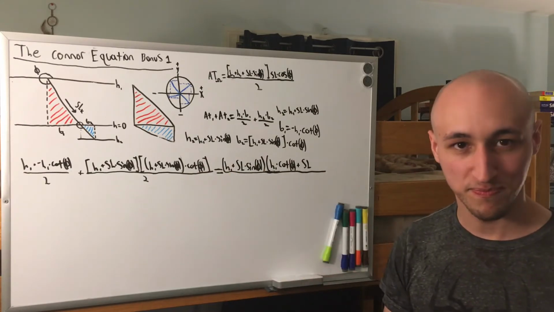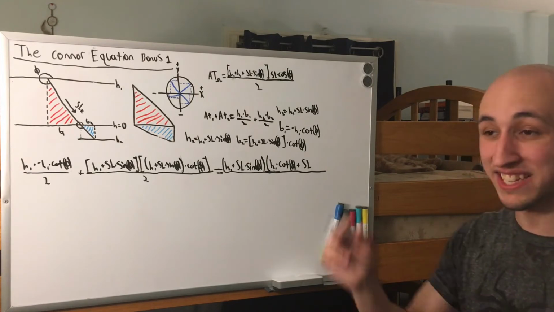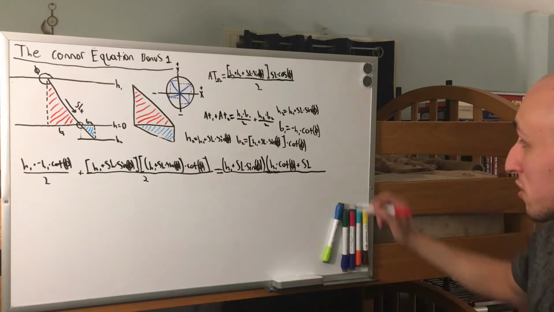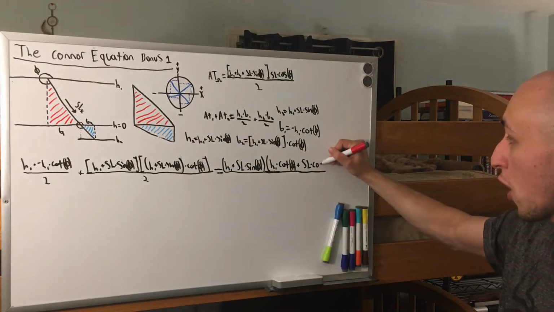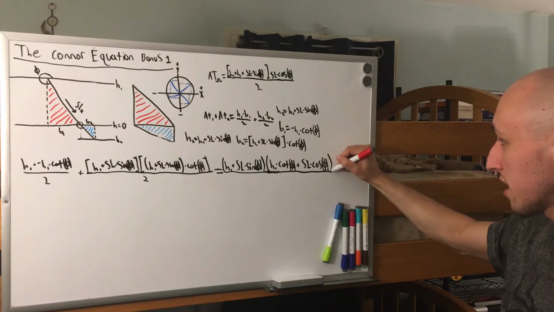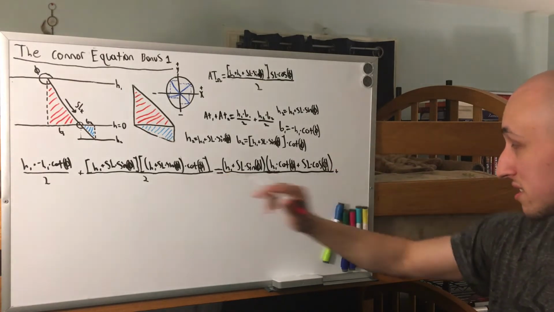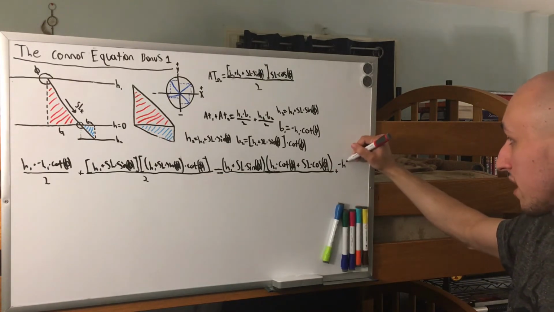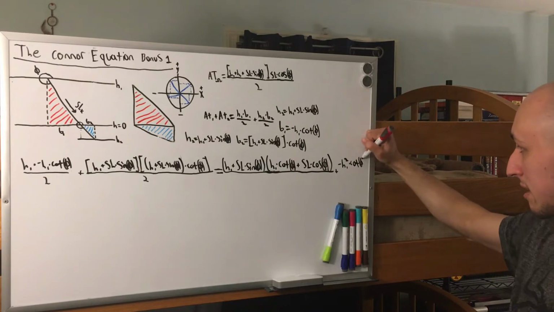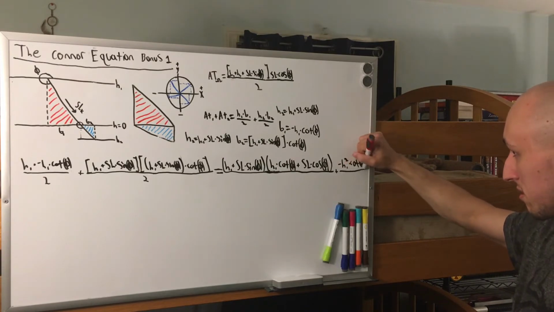What do they equal? Well, cotangent is the same thing as cosine over sine. So in fact, these two will cancel to create SL times cosine phi, just like that. And remember, plus, I didn't forget, negative h1 squared times cotangent phi, close parentheses there, all over 2.